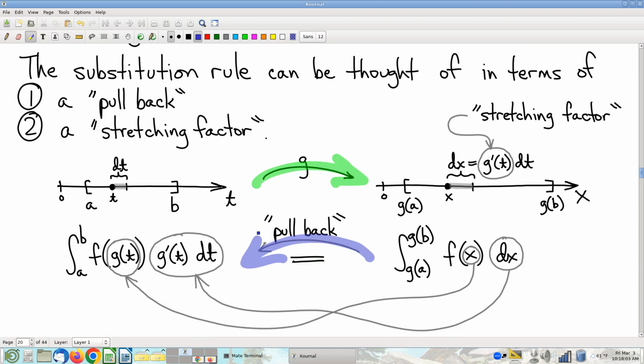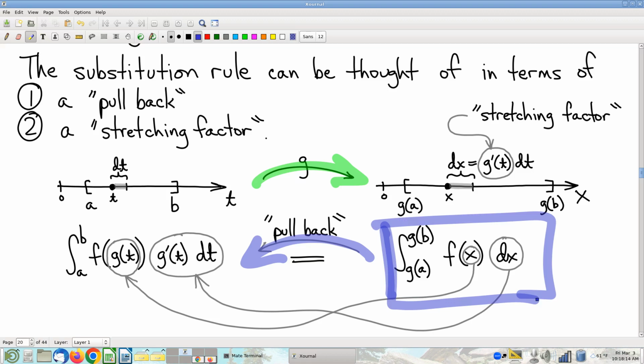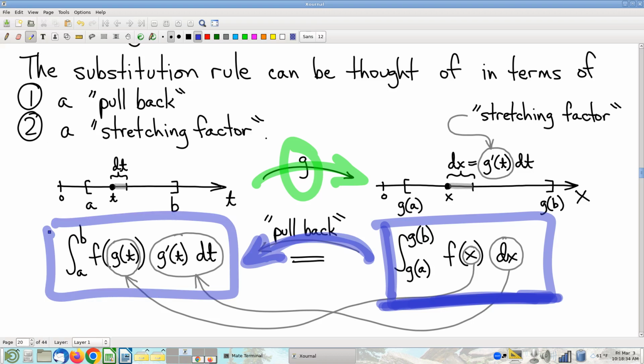And I claim that happens not just to algebraic things like cosine of x or whatever, but any expression such as, for example, an integral. Right? So what I want to think of this as is what this function g does. Its job as a substitution function is to take an integral in what you might call the output space and pull it back to turn it into instead an integral in the input space.